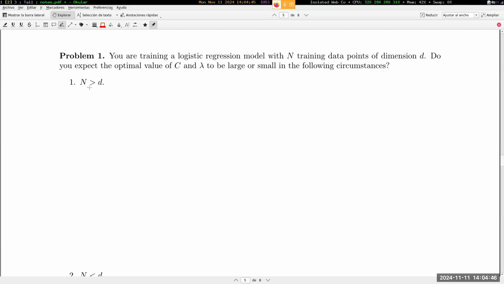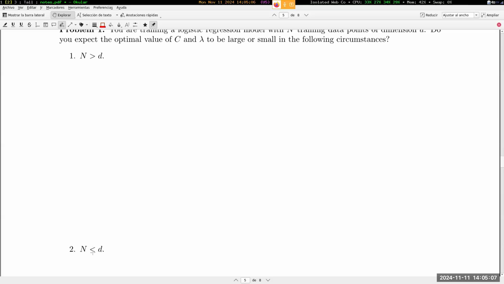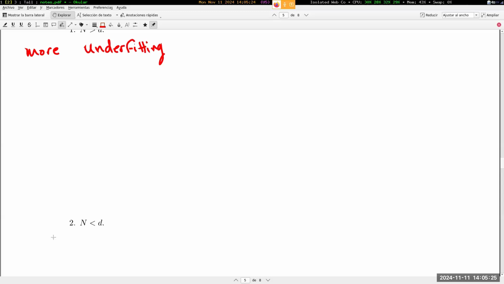Here, if we have N greater than D, we can't exactly say whether we're overfitting or underfitting just from this information, but we're more in the underfitting range, compared to part two down here, where it's more in the overfitting range. It doesn't mean we're guaranteed to be underfitting, or guaranteed to be overfitting down below.